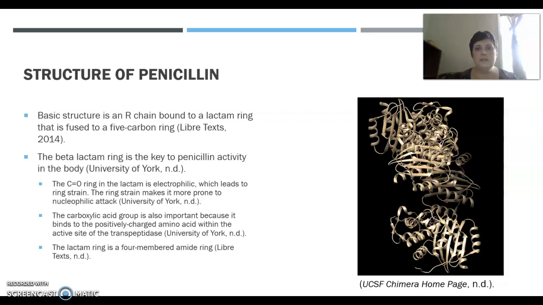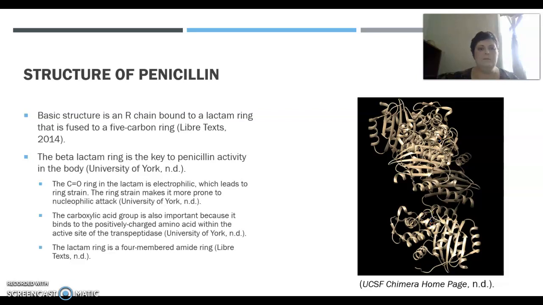As we mentioned, penicillin is a very large molecule, and you can see that as evidenced on the right-hand side of the screen. The basic structure is an R chain bound to a lactam ring that is fused to a 5-carbon ring. The beta-lactam ring is the key to penicillin's activity within the body. Specifically, the C=O bond in the lactam ring is electrophilic, which leads to ring strain.